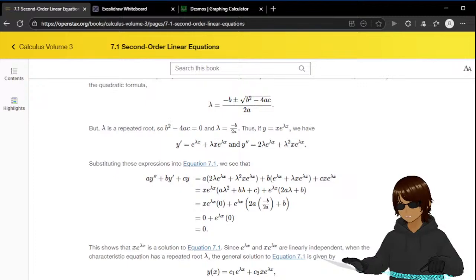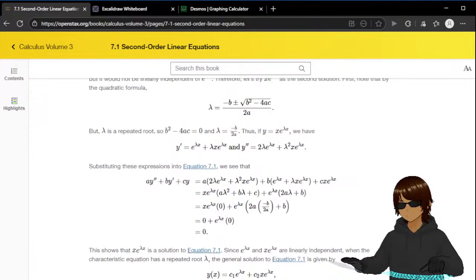We take this out. Oh no, wait, I got it wrong. If it's this, then we have this. We take this out. y 0 over here. A lambda squared.